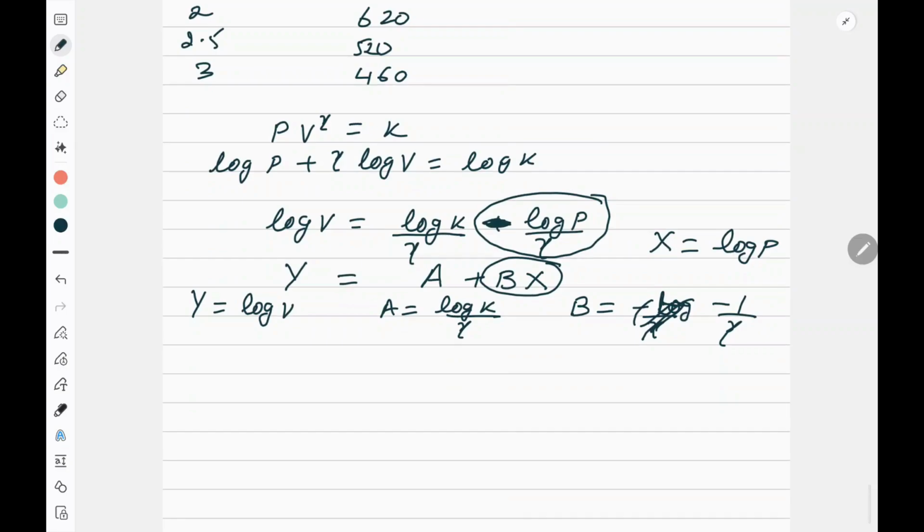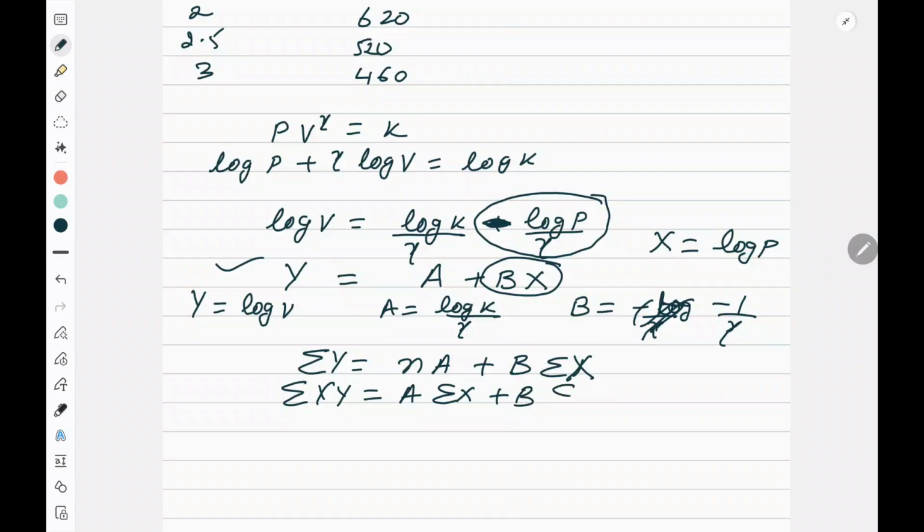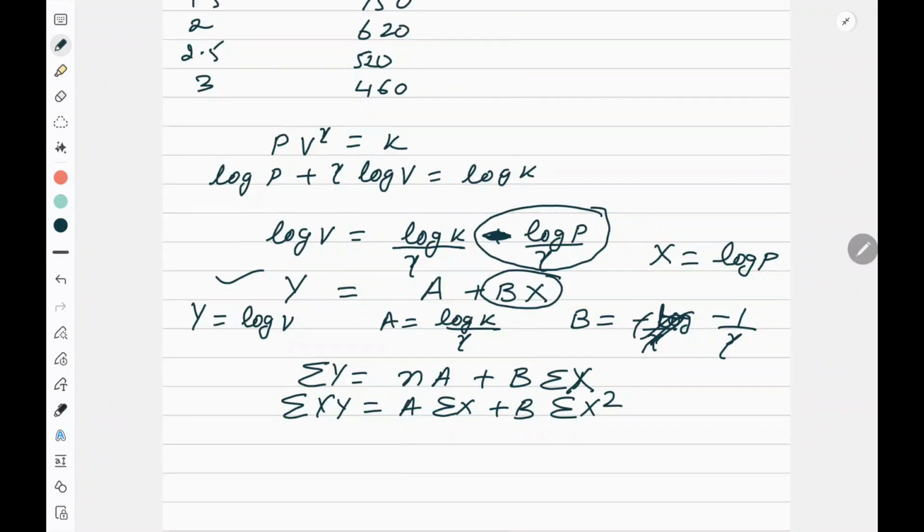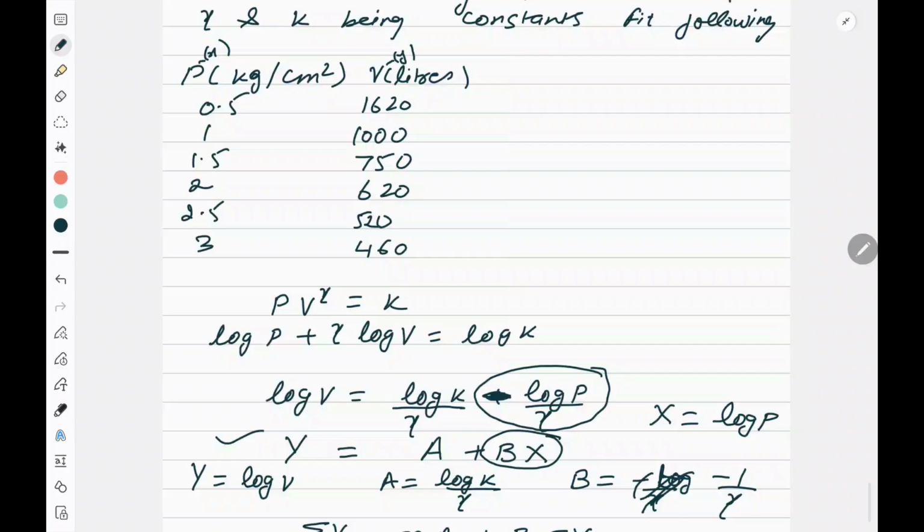Now, if I have this equation, I should write the normal equations. So summation y is equal to NA plus B summation x. Okay, and summation xy is equal to A summation x plus B summation x square. Now go back to this table. Now what is required in the table?